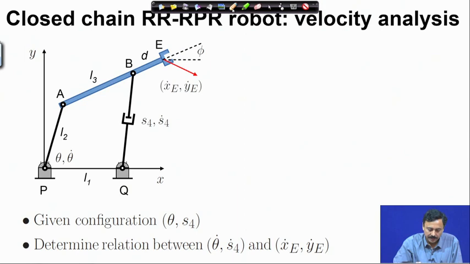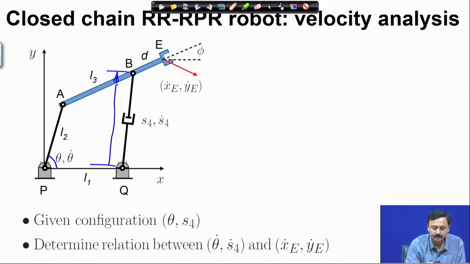In this manipulator the configuration is specified by this angle theta and the extension of this prismatic pair, which I have called S4. So, theta and S4 specify the configuration of the manipulator.